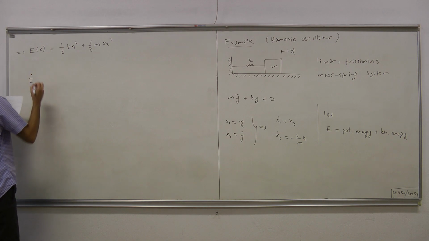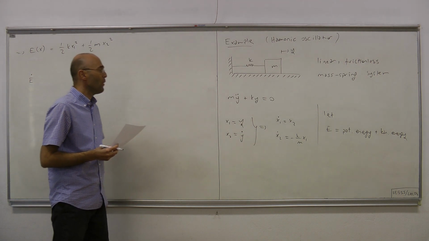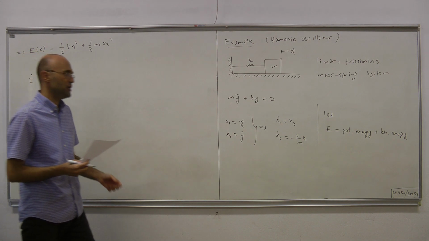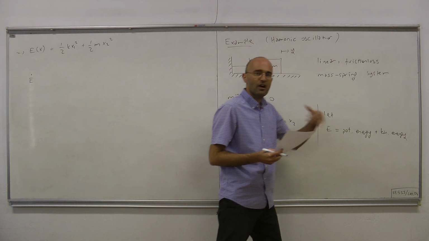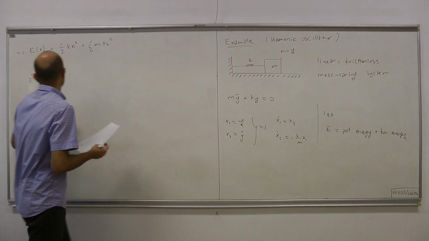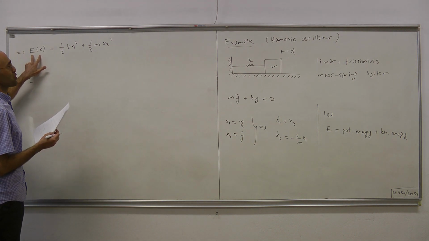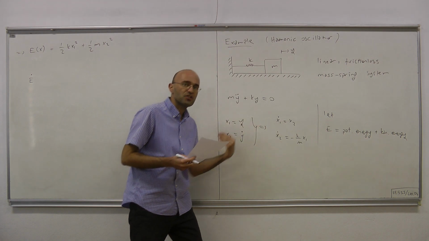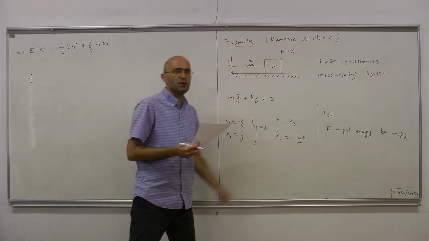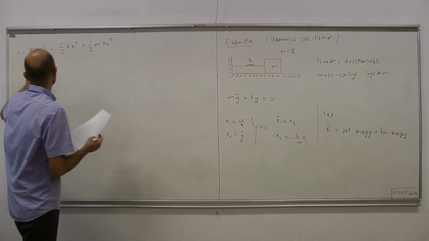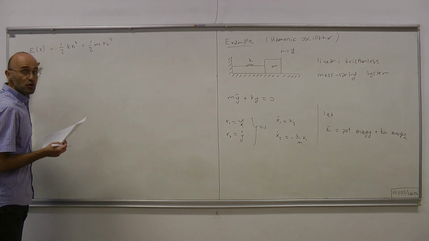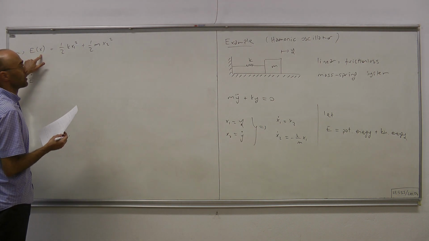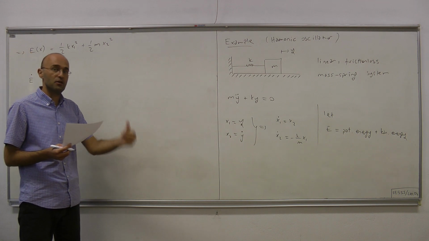Let's see what happens to the total energy of the system as time goes on. So E is a function of the state, and as time goes on, the state changes, which we call a solution. Therefore, this E is also a function of time, if you replace this x with x of t in the solution.